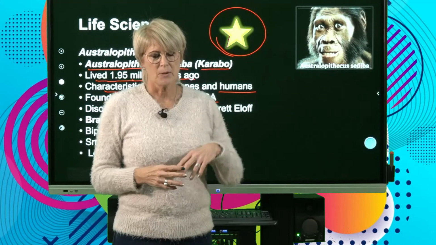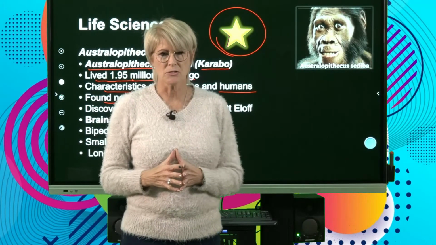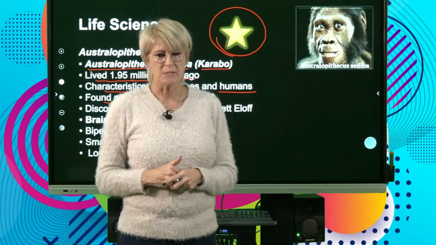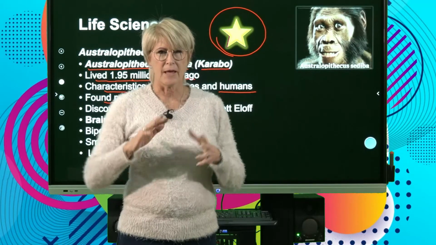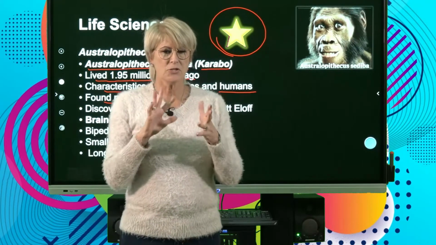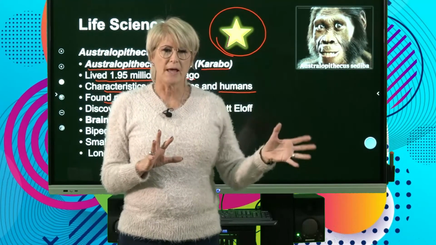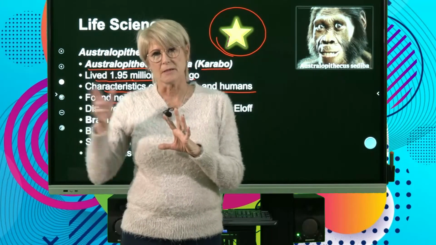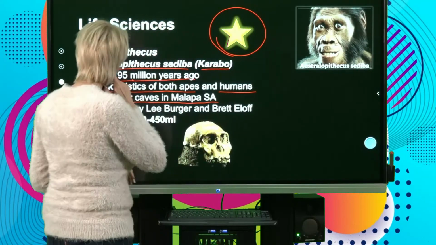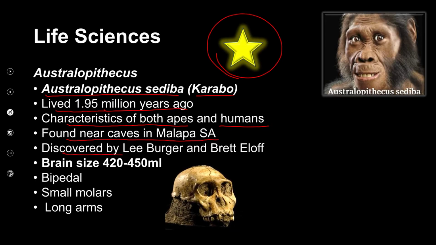And remember when we spoke earlier about transitional species, we said that they have characteristics, so they're usually in the middle and they have characteristics of the species before them, the ancestor species, and the one that comes later. All right, she was discovered by Lee Berger and Matthew Berger.